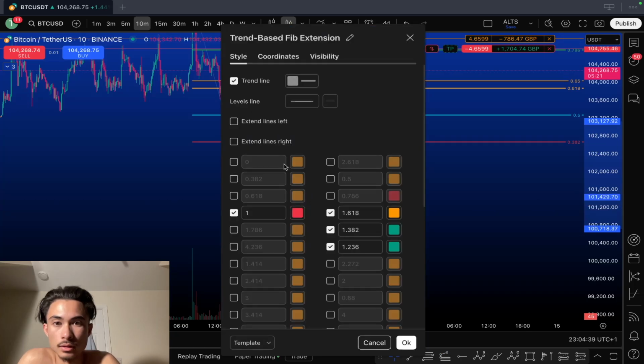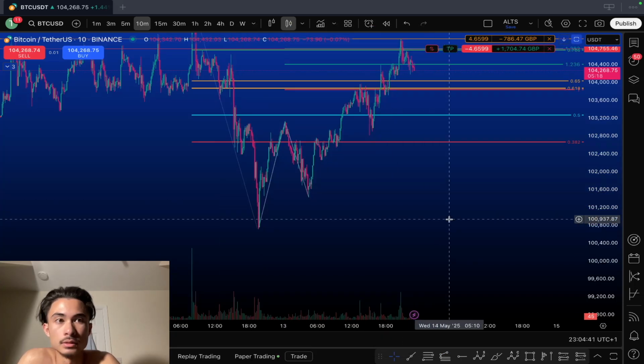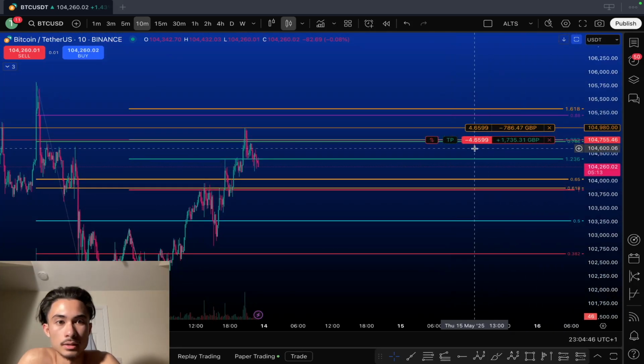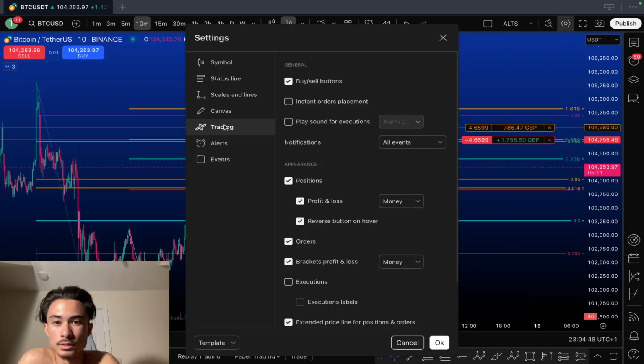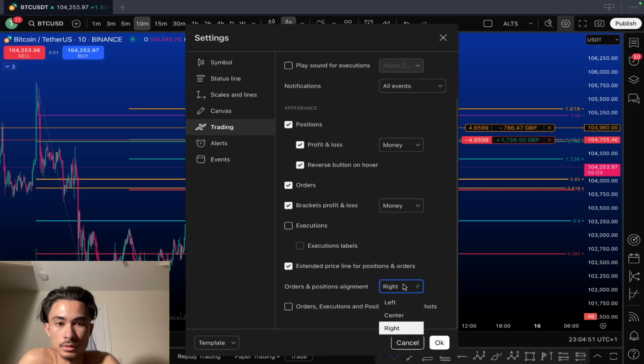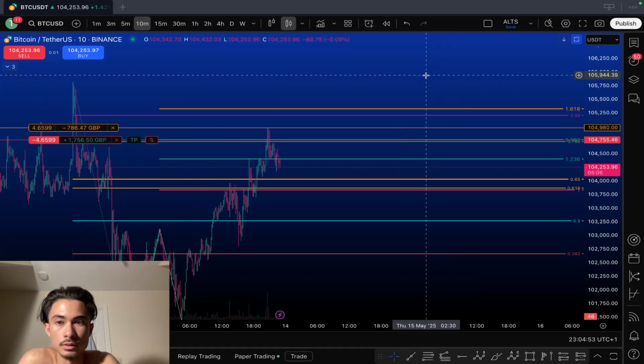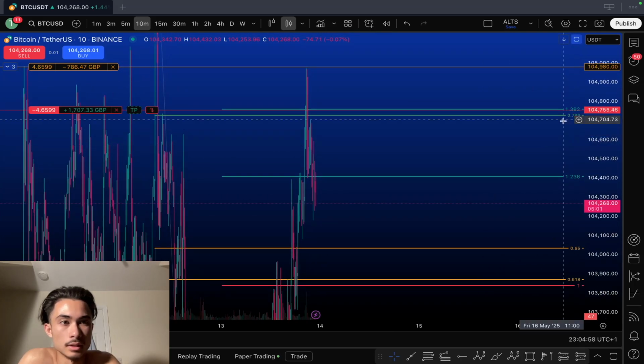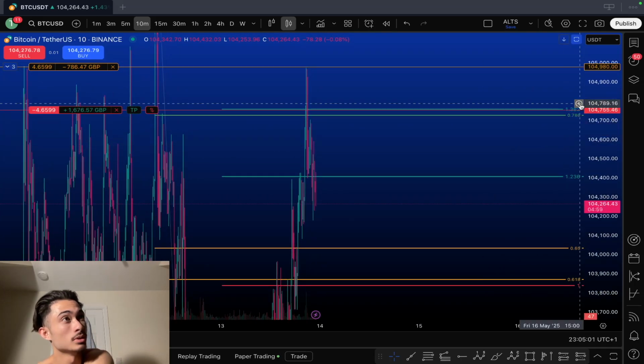Let me just extend the lines to the right. Now you can see we have a tiny bit of confluence. I need to get rid of this, because that's kind of in the way. Put on the left. Now you can see we have a 0.786 level and a 1.382 level, which is a common C wave target.